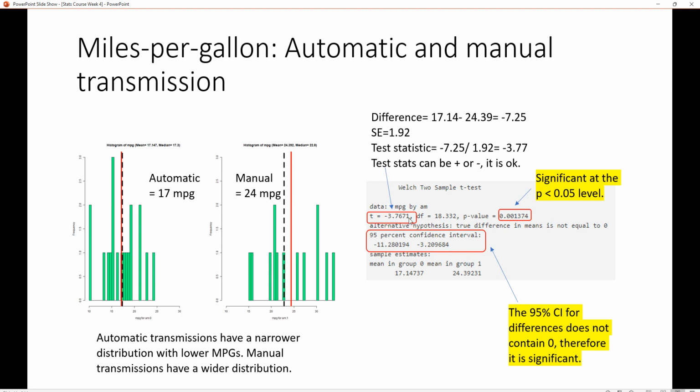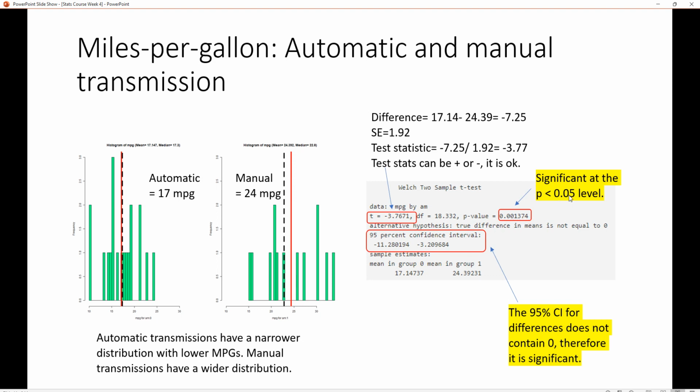And we see that based off of our degrees of freedom, which are 18, because a t-distribution has various critical values for different sample sizes, and that different sample size is represented by the degrees of freedom, we still have a high test statistic that gives us a significant p-value, and that p-value is 0.001374.